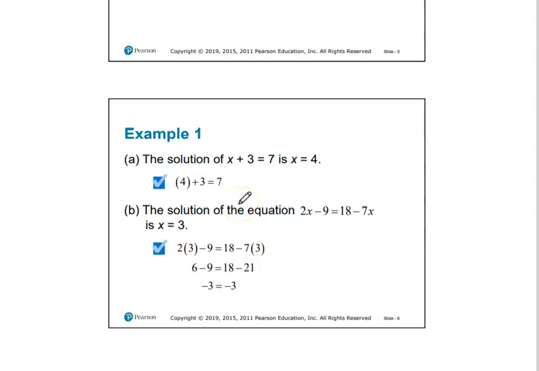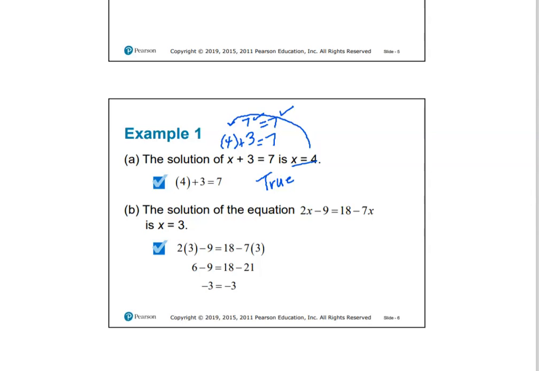In other words, if we left the space blank for x, and they tell us that x equals 4, we plug that 4 in there. Then we check to see if it's true. 4 plus 3 is 7, and 7 is equal to what it's supposed to be, 7, so that is true. So 4 is a solution to that equation.